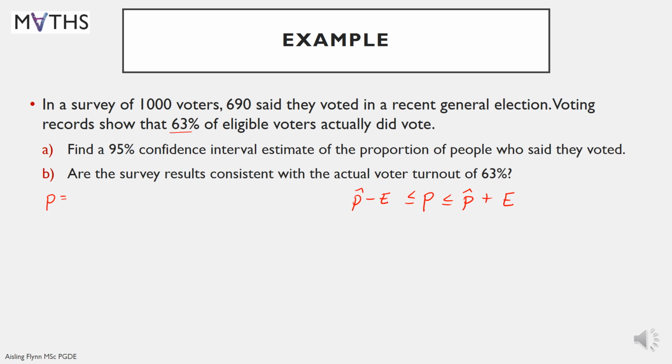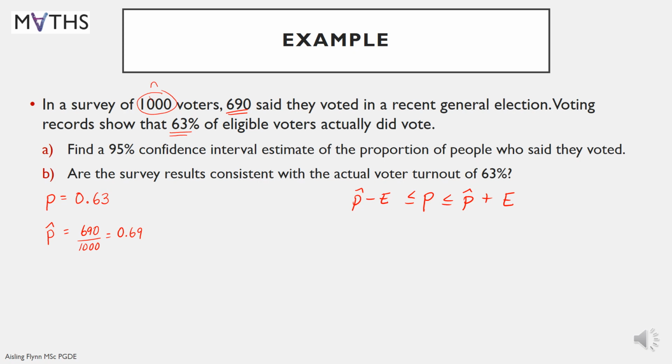So in this case, we do know an actual population proportion. 63% of the record shows actually did vote. So 63% is written as 0.63. Now we have to find p hat, the sample proportion. To do that, we'll use the number in the sample and how many said that they actually voted. So 690 out of 1,000 said they voted, which is 0.69.